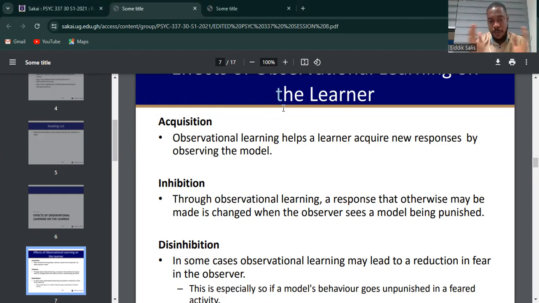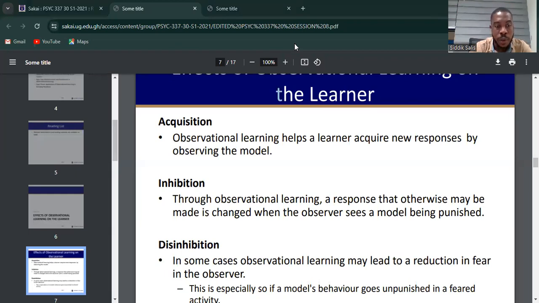All this process is acquisition in classical conditioning. In observational learning, acquisition is paying attention, retention, motor reproduction, and motivation. That's the process. So you acquire a new behavior of the model. When you say new responses, that's new behavior. Don't forget that response in psychology means behavior.